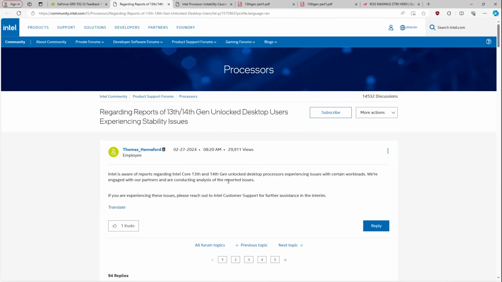So if you're Intel and you're conducting analysis, why haven't you gone and bought a retail motherboard? I'd be suspicious that maybe the board partners send Intel motherboards that have actually enforced power limits on them. So don't go asking the board vendors, in case they're messing with the samples they're sending you.